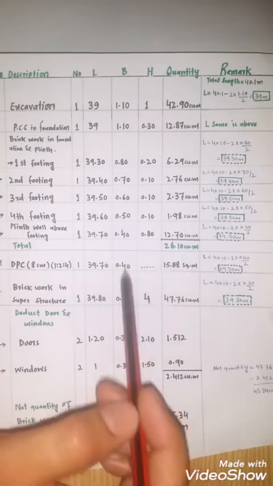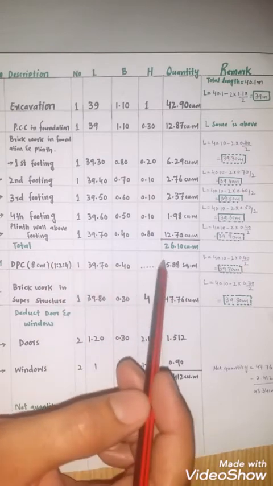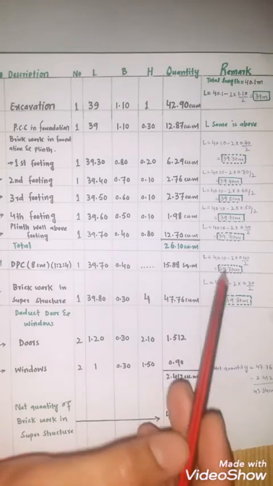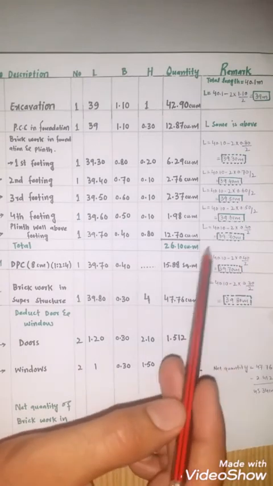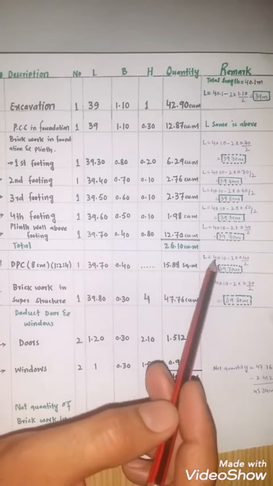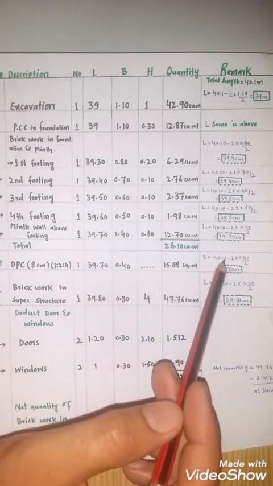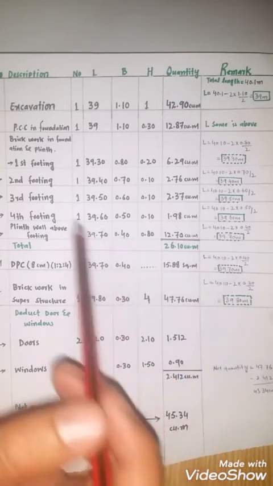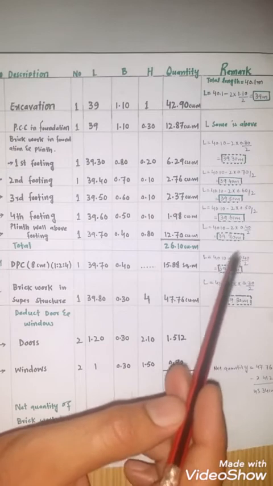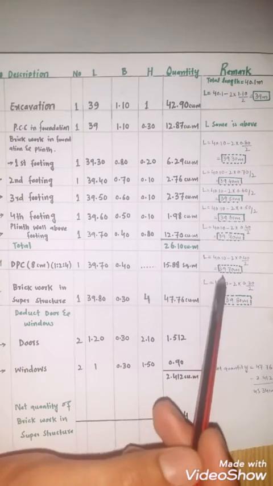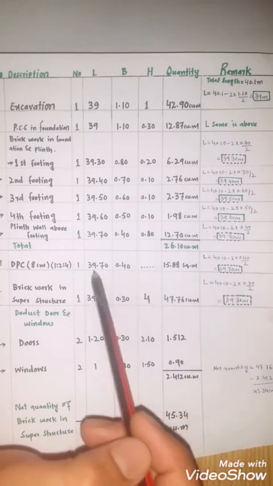If we find the material quantity, then we multiply this value with this thickness, and this is explanation for this length. The overall length is 40.10 meter minus 2 for the T junction multiplied by the breadth of the strip, 40, divided by 2. The length is equal to 39.70 meter.